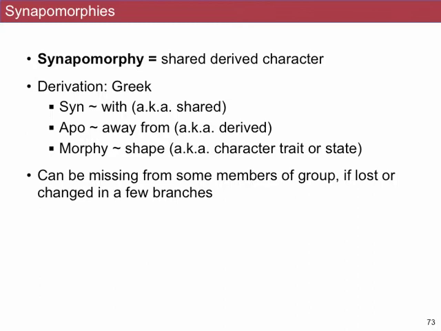So parasitic plants, some of them no longer photosynthesize. But that does not mean that we ignore that 99.9% of plants are photosynthetic. We're going to refer to some of the features of those plants as synapomorphies, even if they're missing from a couple of organisms.